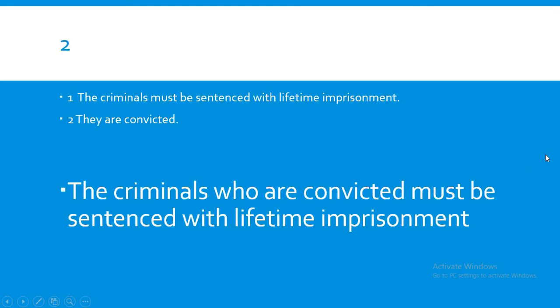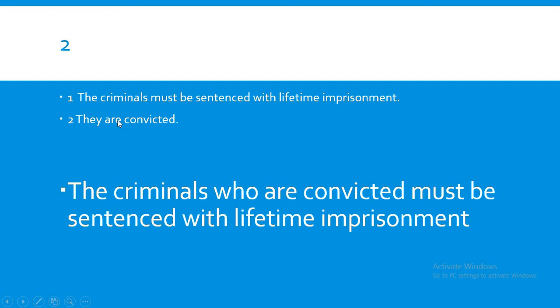Let's move on to the second sentence. If I say this one: the criminals who are convicted must be sentenced with lifetime imprisonment. The main sentence here is: the criminals must be sentenced with lifetime imprisonment. There are nouns, as I told you. We are describing nouns by adding relative clauses.